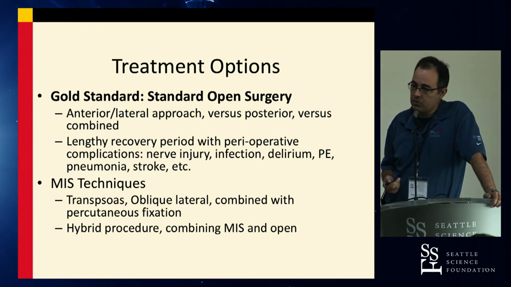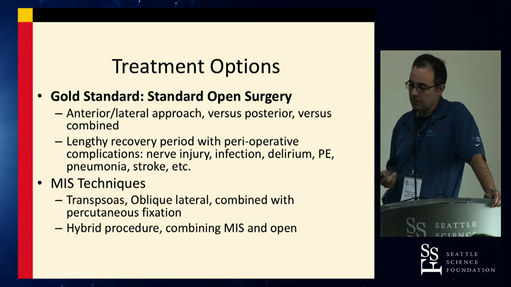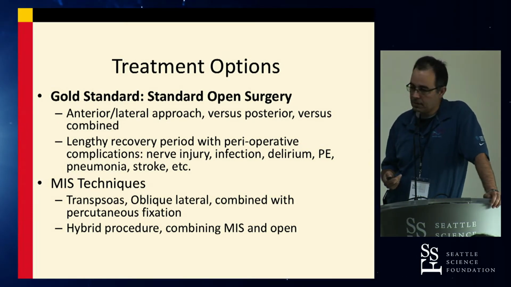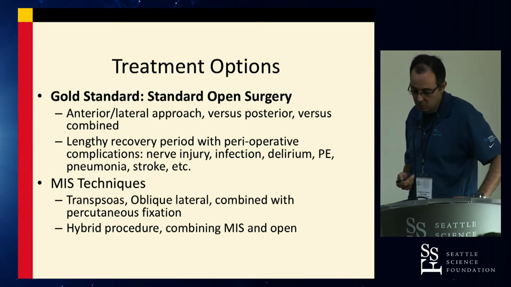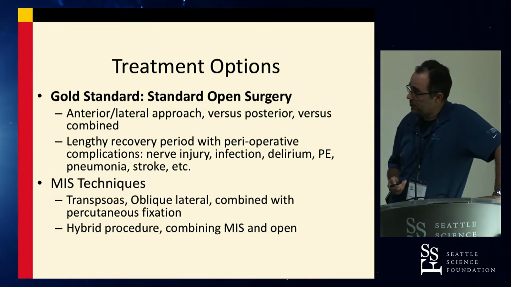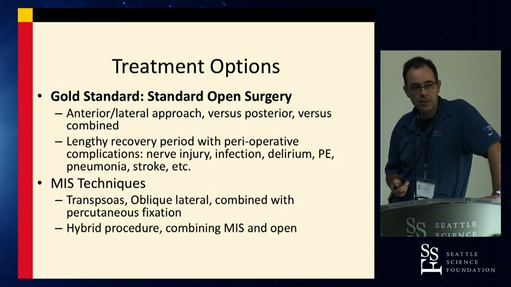But still, the gold standard for deformity is open surgery. That's pretty much the gold standard. But as time progresses, and Juan, I'm sure, will discuss with us, this will advance to more minimally invasive techniques. And you can sometimes get the best of all worlds by doing hybrid procedures.